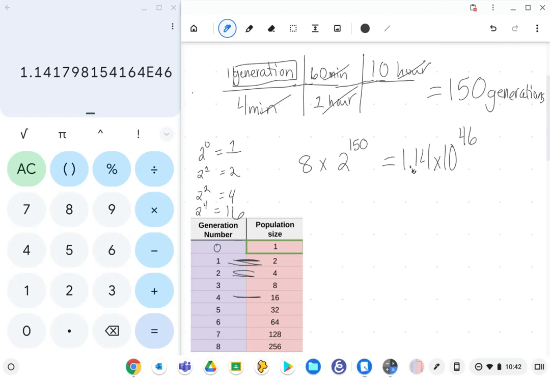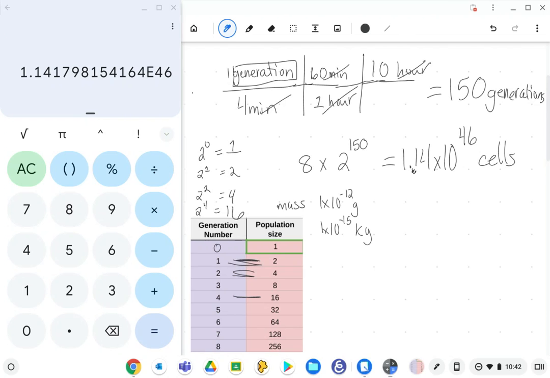To maybe try and show you just how massive this number is, the average bacteria has a mass of 1 times 10 to the negative 12 grams, which means 1 times 10 to the negative 15th kilograms.